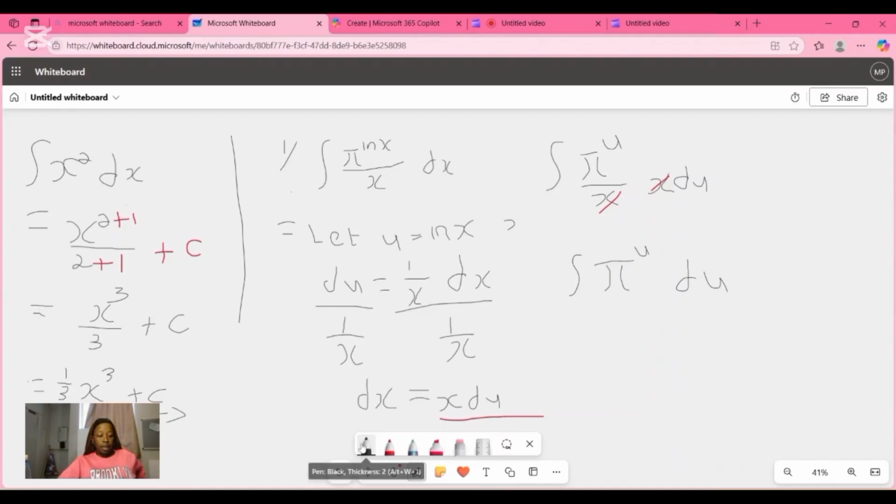So integrating this, we're going to have pi to the exponent u over ln pi. We are now integrating, that's why we are not including the integral sign. So plus c.